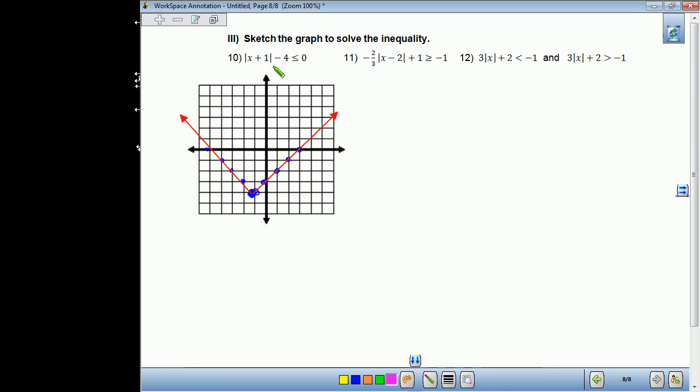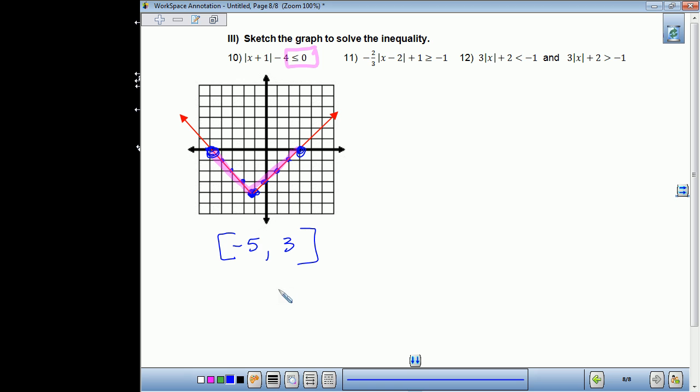Okay, graphically it's pretty simple. Where is it less than or equal to 0? Isn't the function negative down here? Yes. So graphically it's pretty easy to see from this x value to this x value, this function is less than or equal to 0. It is below the x-axis. So what would that interval be? From -5 to +3. Okay?